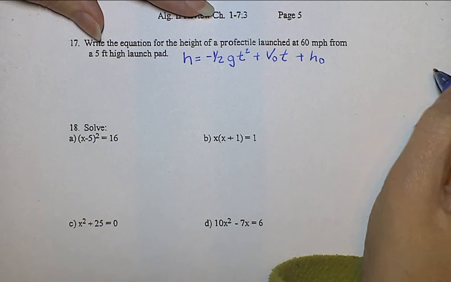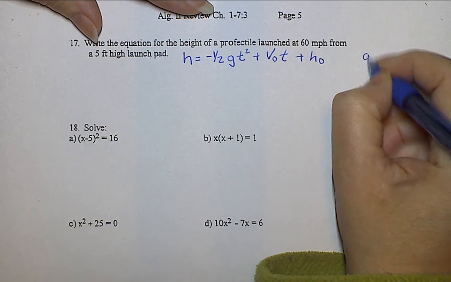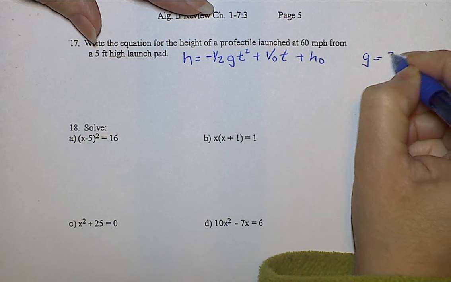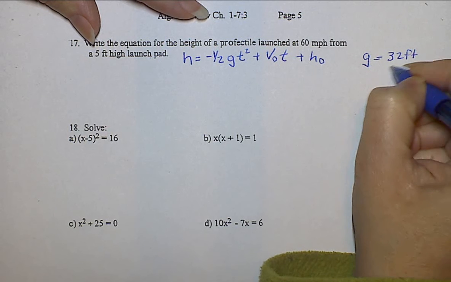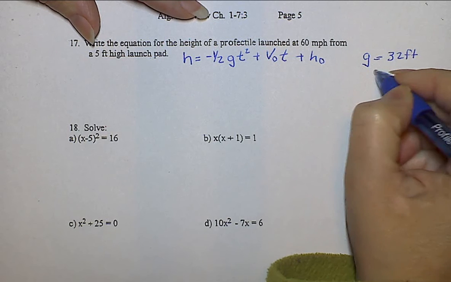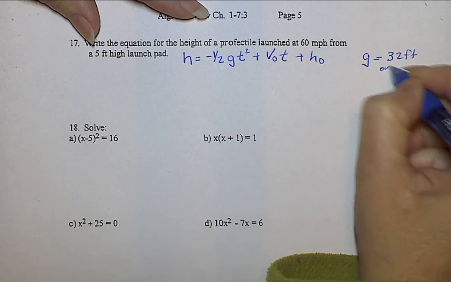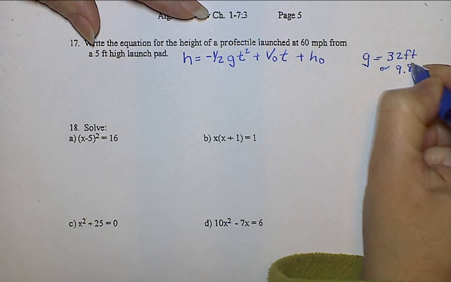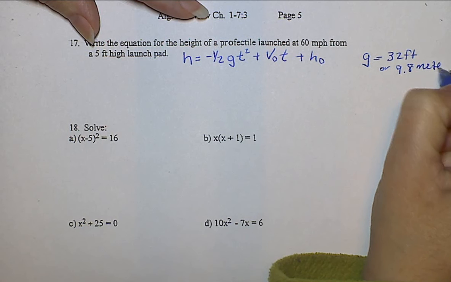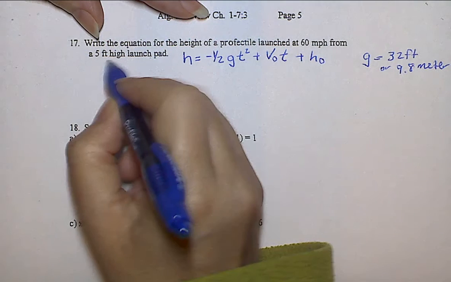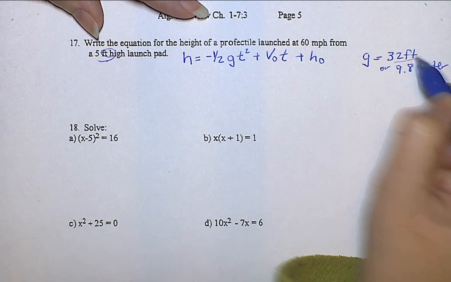And if your gravitational is feet, you would use 32 feet. And if we're talking about meters, it would be 9.8 meters. Since we are talking about feet, we're going to be using gravitational feet.